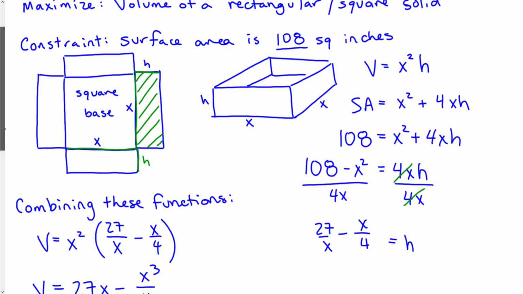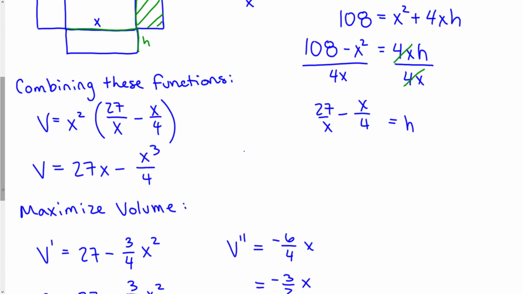So the height of the box, if the base is 6, would be 27 over 6 minus 6 over 4, which, let's see, 6 goes into 27. They share a factor of 3, so 9/2 minus 3/2, which would be 6/2 or 3.